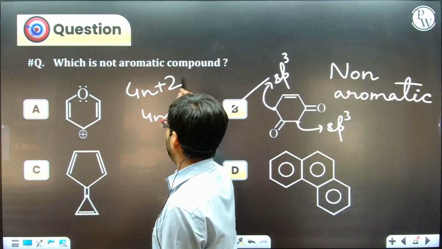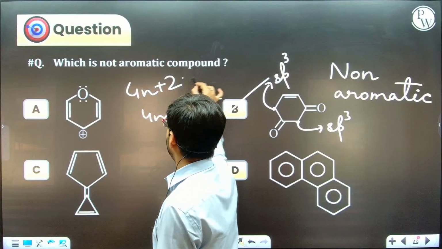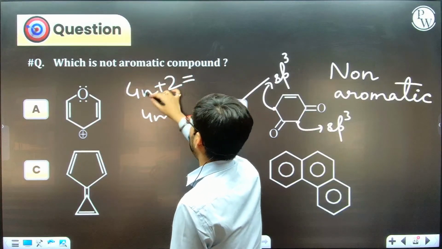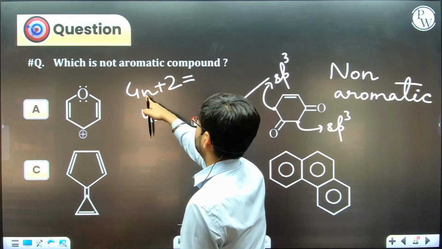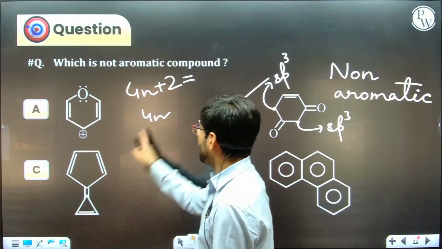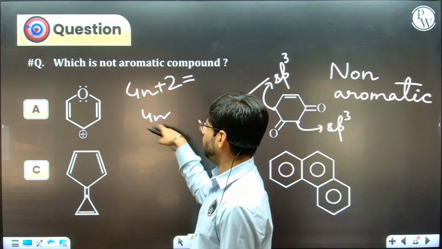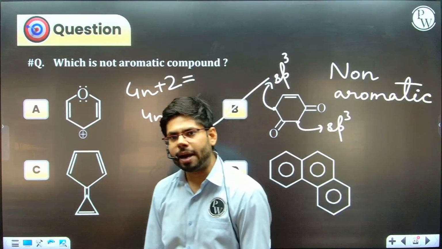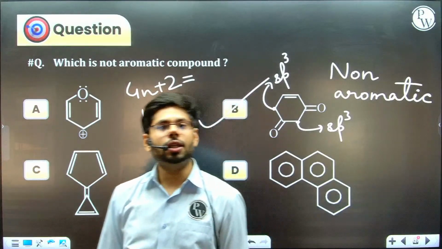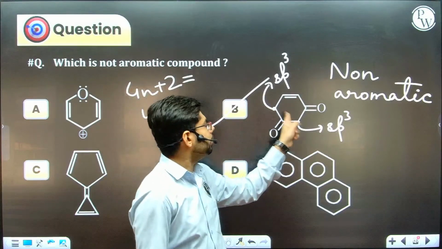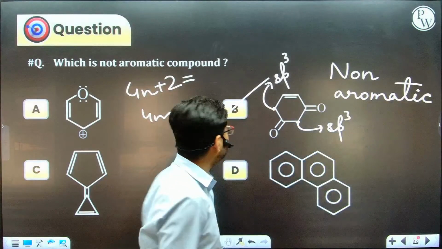And then we find out the value of n, and if the value of n from this equation is 0 or 1 or 2, then we'll conclude that the species is aromatic. And here from this, if the value of n is a positive integer, we'll say that the species is anti-aromatic. But when? After the ring is planar. But here the ring is not planar. So immediately I said that the ring is non-aromatic.